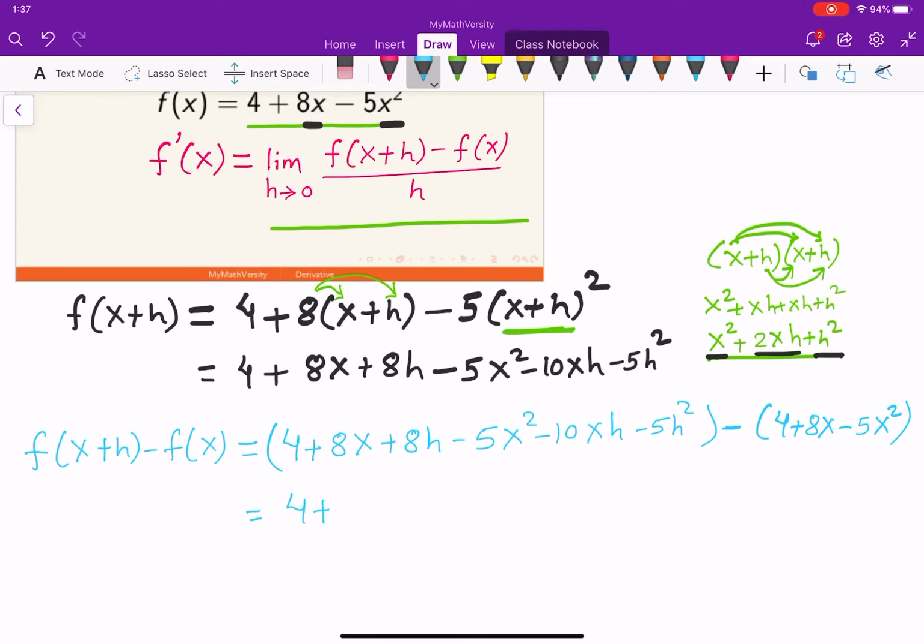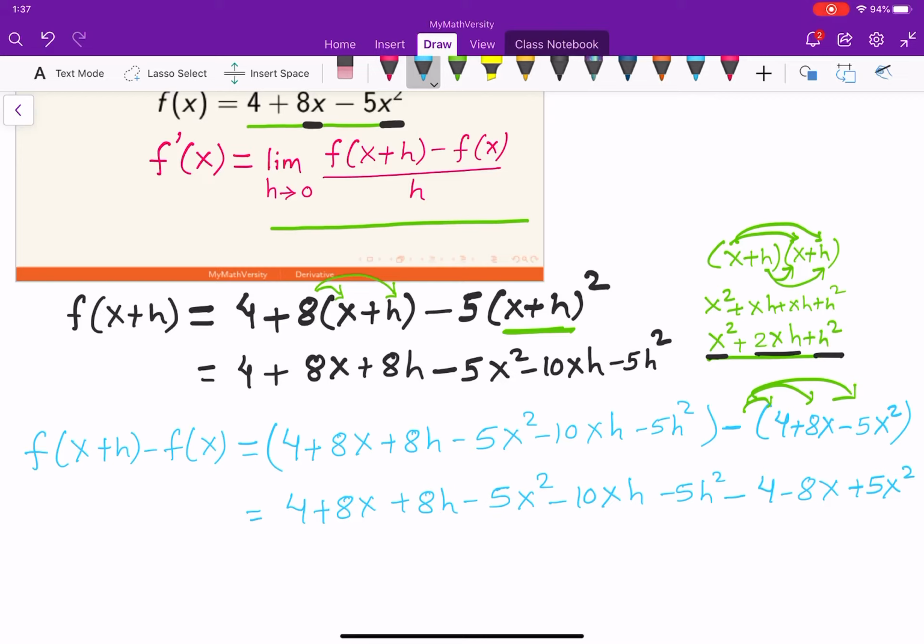So here is 4 plus 8x. I'm just copying the expression for the function f of x plus h, minus 5h squared. Now let's distribute the negative sign on each of these terms, then you can clearly see the sign will be changed. So we'll have negative 4 minus 8x plus 5x squared.